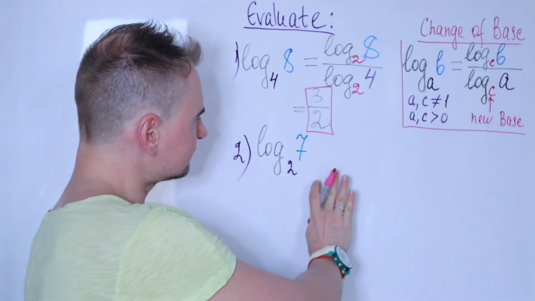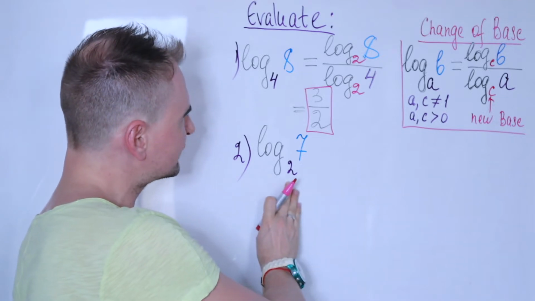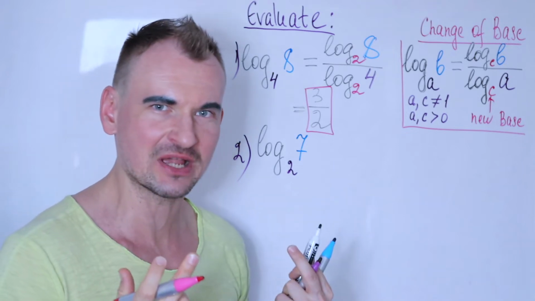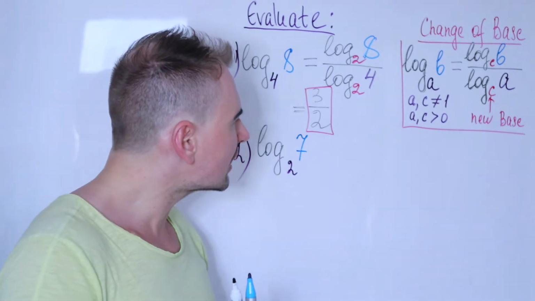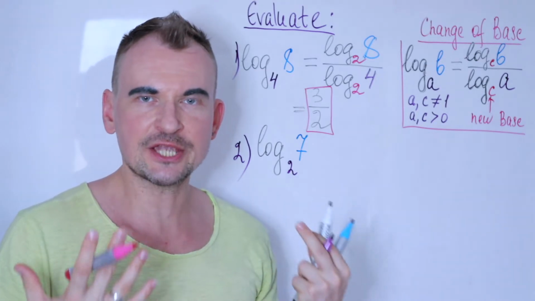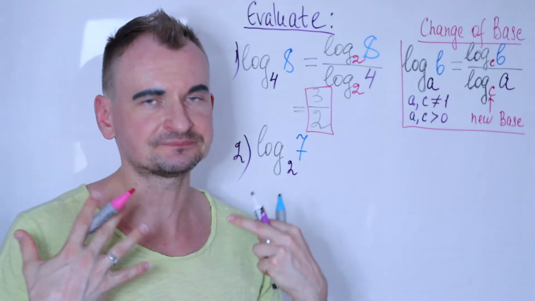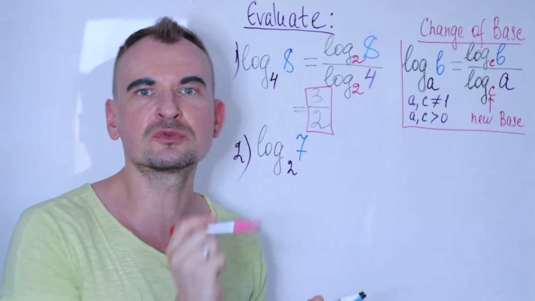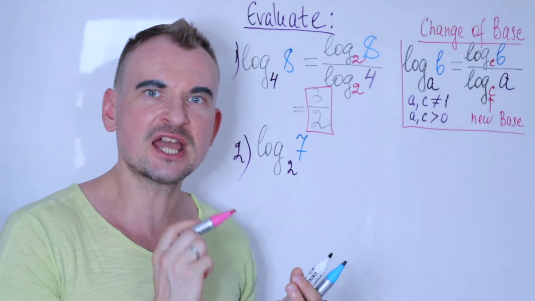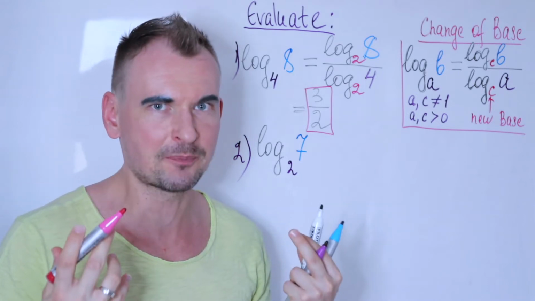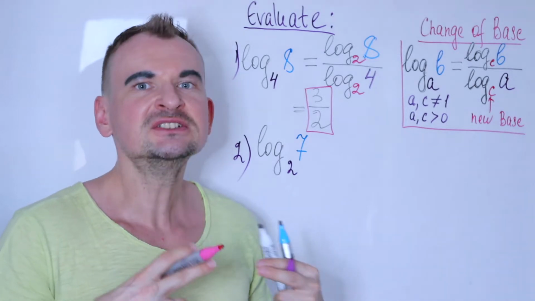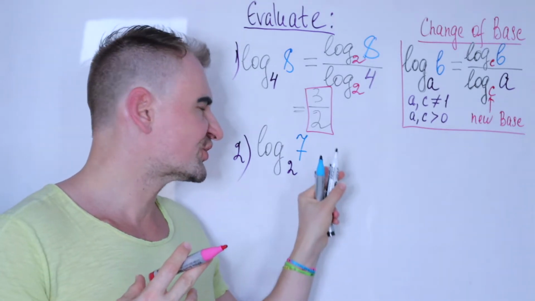Now, suppose you are given the problem log to the base 2 of 7, and you need to evaluate this logarithm. Well, you could try the definition of the logarithm and the relationship between logarithms and exponents, and rewrite it into exponential form and try to figure out the exponent that this base 2 has to be raised to produce this 7.